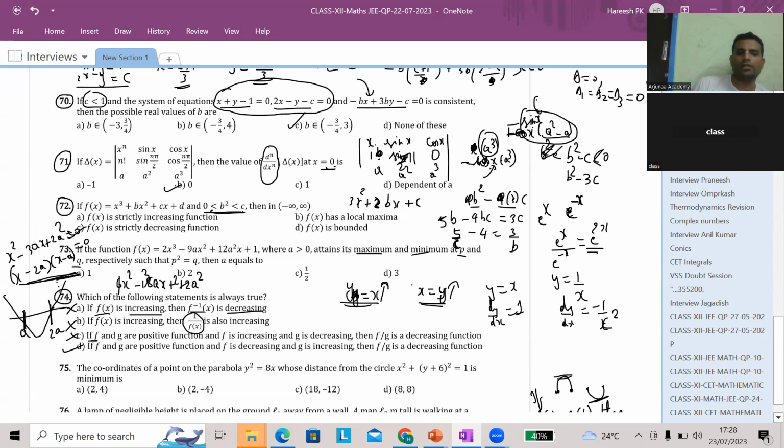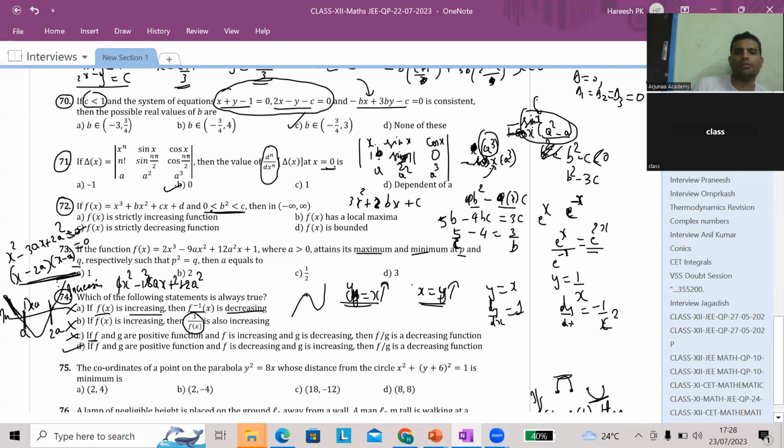After 2a and before a. That means the original function is increasing here, increasing here, and decreasing here. Isn't it? Because when f dash is positive, the function is increasing. So draw a function which is initially increasing, then decreasing, then increasing.